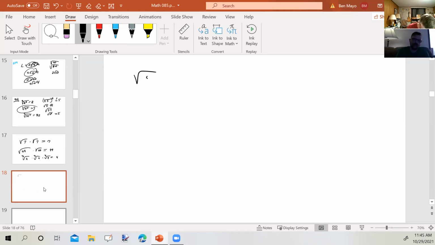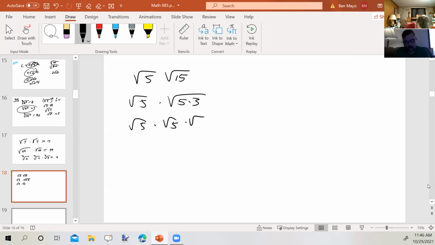I have the square root of 5 times the square root of 15. I want to look at a couple of different ways of attacking this problem, and then you can decide for yourself which way you prefer, which way you think is better. One thing I could do, I could rewrite this like that. Okay, 15 is 5 times 3. Then I could rewrite it like that.